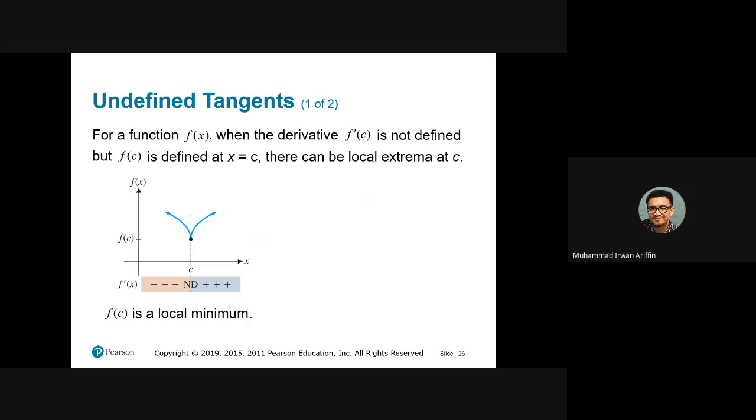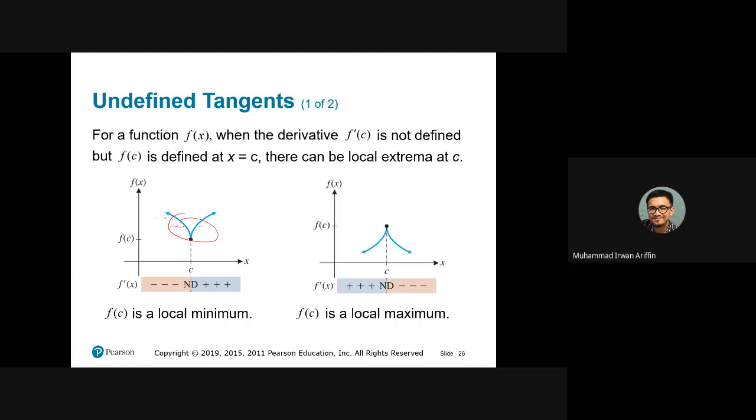When we compare within this region, this point is the lowest compared to all the other x's. f of c will be lower than other f of x within that region. And similarly, in this case, f of c is higher than all the remaining f of x. It is the highest within this region.